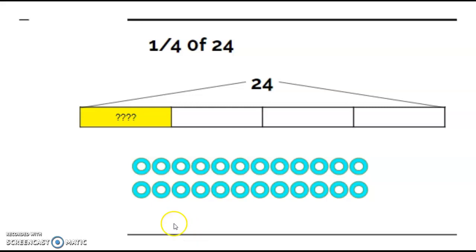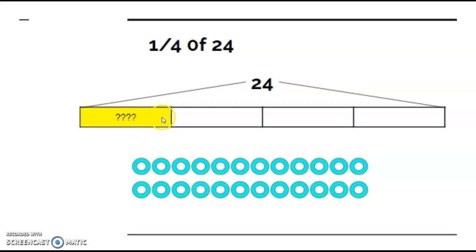So what you could do is take these little donuts and put them in every single little section, or you can vision it as 24 divided by 4, which is going to give you 6 entire donuts right here. So my brother can eat 6 entire donuts by himself. No matter how big or small, they will be eaten. So make sure that your brother doesn't eat all your donuts, because that's not very nice.